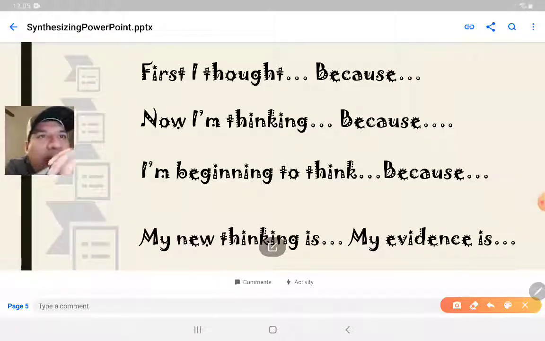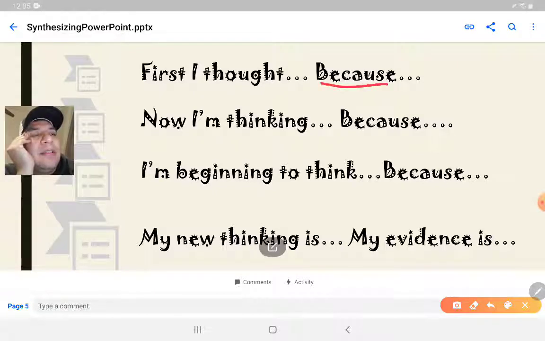The first thought, right? Let's talk about bees again. First I thought bees were just insects that sting people and make honey, right? And that's because that's all I knew. Now I'm thinking, now that I'm reading a book about bees, that bees are not just insects, right?